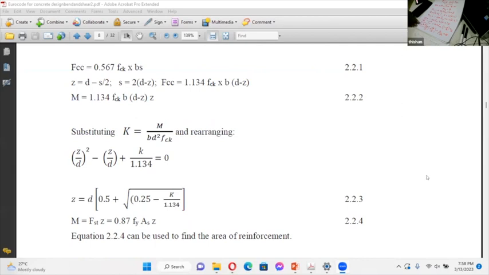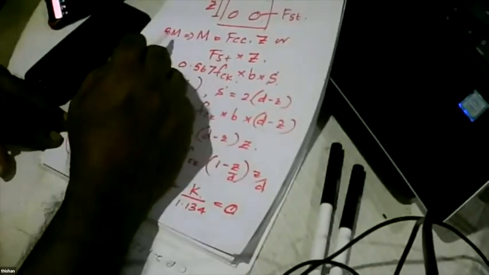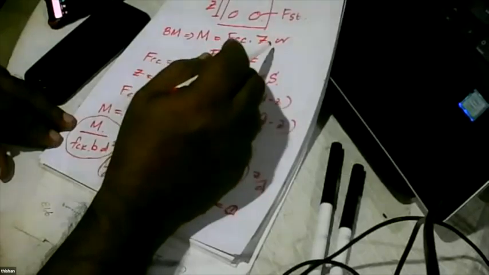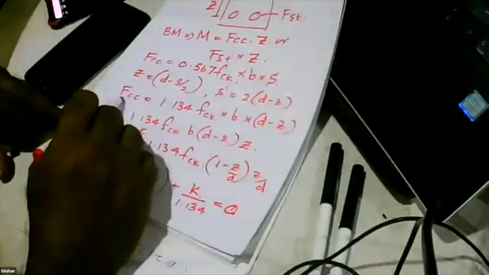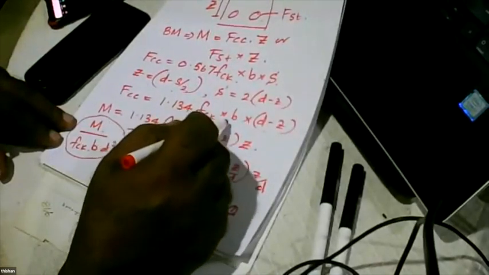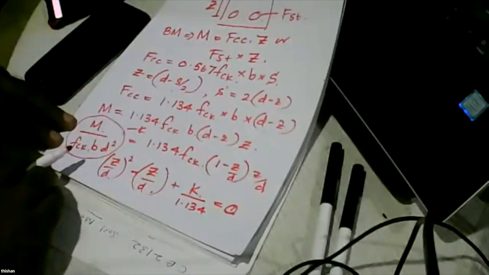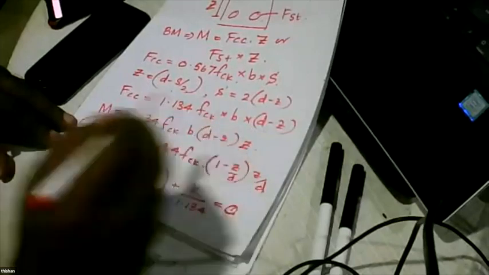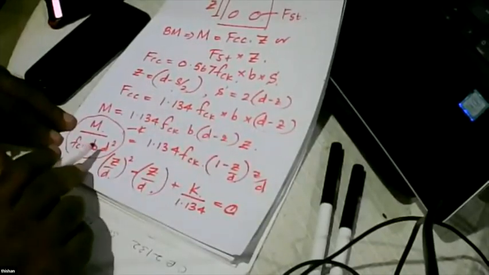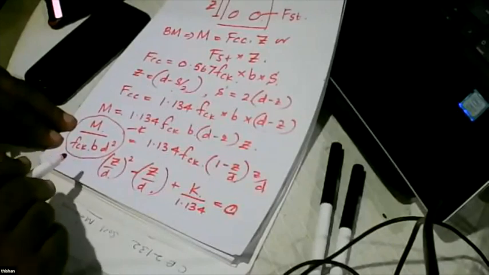Is that clear? Just one moment. I'll stop sharing. Right. So what you get is bending moment M is equal to FCC times Z. And then we found that FCC is 1.134 times FCK B D minus Z. So the moment is 1.134 FCK B D minus Z times Z. And we substitute a value called K for M over FCK B D squared.